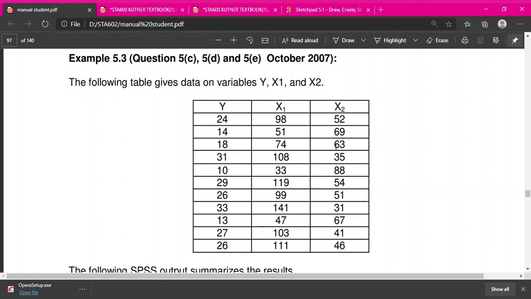Nak cari nilai beta, so you kena cari dulu matrix of X transpose X, which is the matrix, the dimension is 3 by 3.